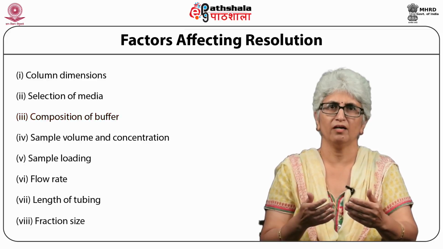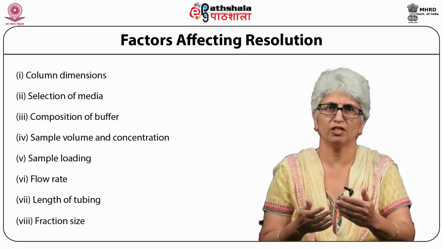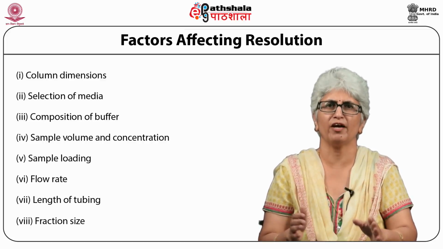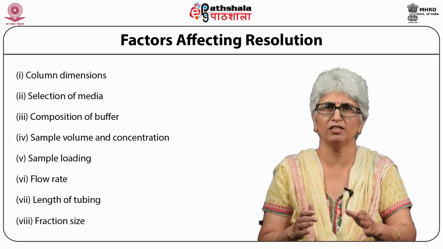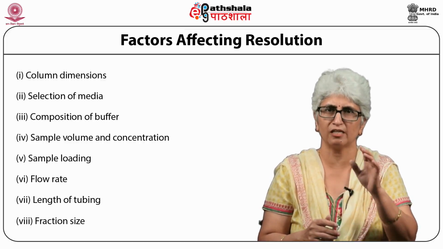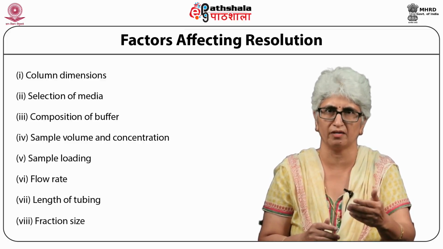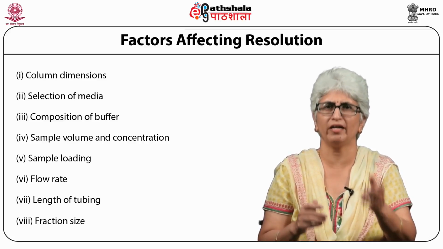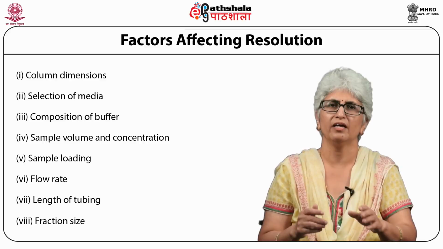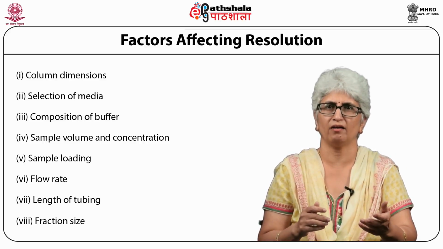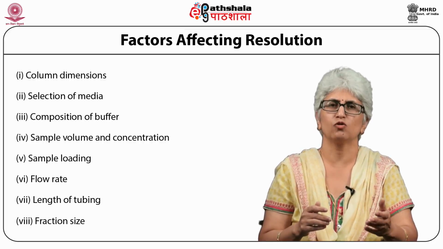Another thing is composition of the buffer. The selected buffer should not have any effect on the biological activity of the target molecule, and it should not disturb the stability of the molecule to be separated. A high quantity of detergent or denaturing agents in the buffer can cause dissociation of subunits or cofactors of proteins and enzymes, so these kinds of buffers should be avoided.